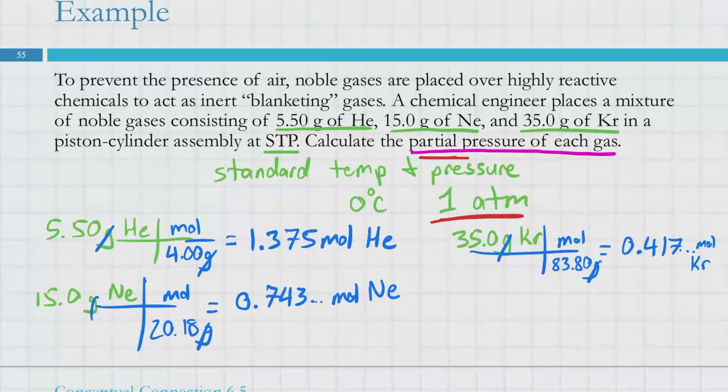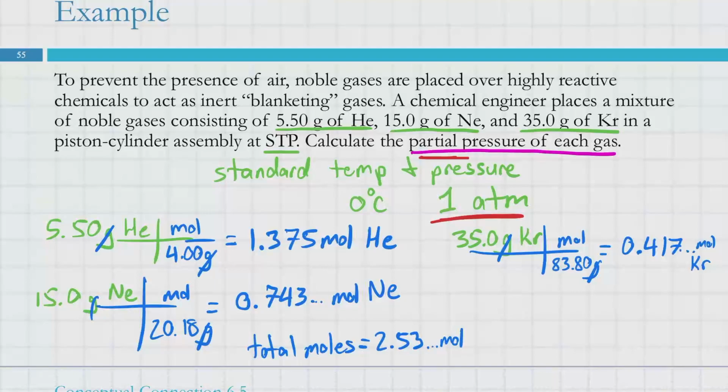So we need to add up all of our moles. Our total moles is just the 3 numbers that we got added together: 2.5 and some change moles.